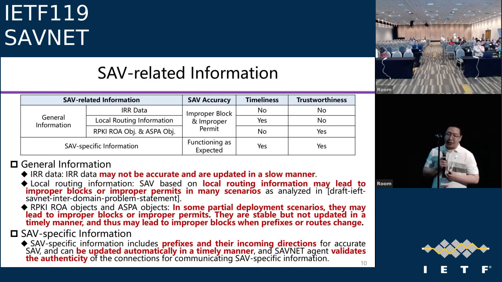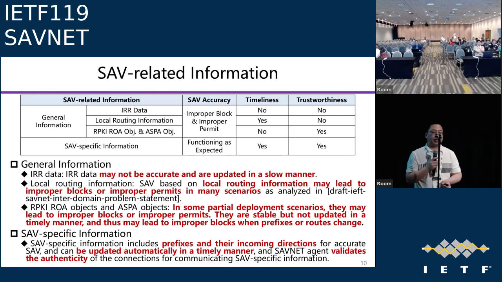Okay, in IETF 118, we have illustrated the cell-related information, which includes the general information and cell-specific information. General information currently consists of IR data, local routing information, and RPKI ROA objects and ASPA objects. In the general information, reliable IR data can augment the cell table, but IR data may not be accurate, and they are not updated in a timely manner.